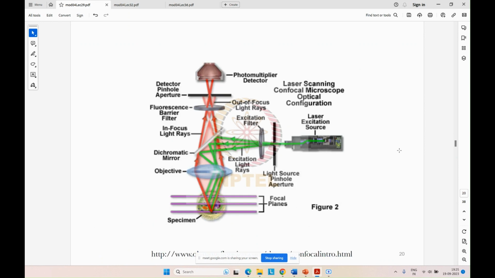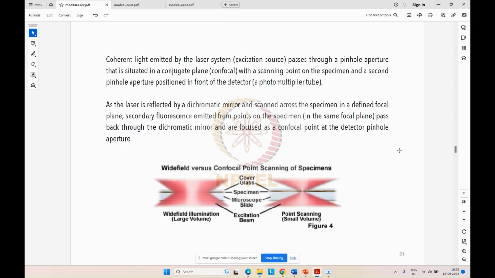This is just a light path of the confocal microscope. The larger the light that you obtain from your sample, the more diffused your image is.